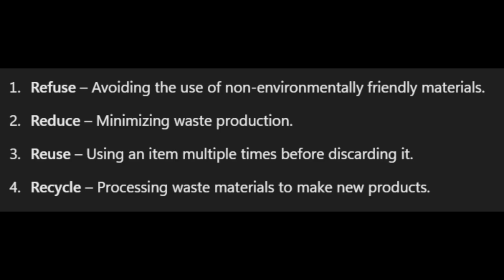Right, question number 40. So this is about the 4R principles: reduce, reuse, recycle and refuse. Refuse means avoiding the use of non-environmentally friendly materials. Reduce means minimizing waste production. Reuse means using an item multiple times before discarding it. And recycle means processing waste materials to make a new product.